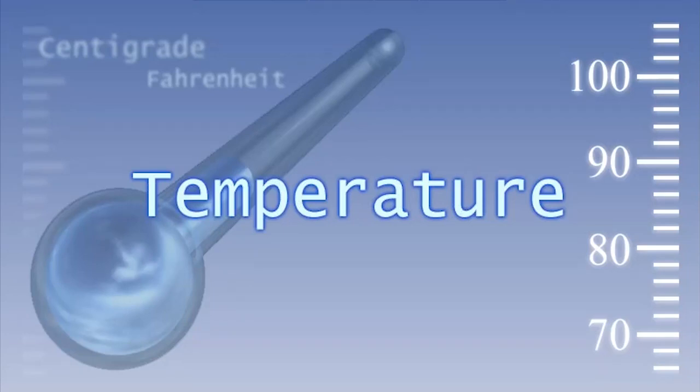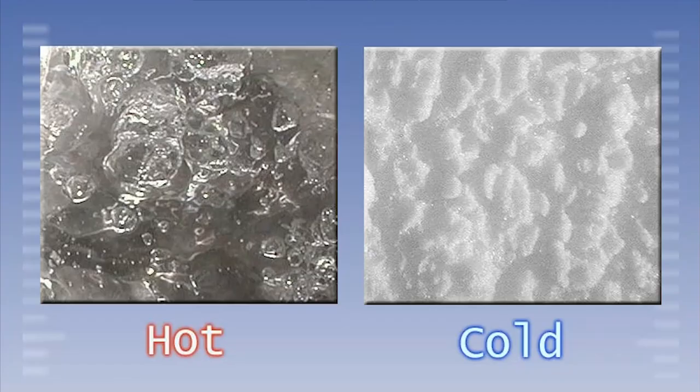Throughout this lesson, we are going to investigate temperature and demonstrate its importance to meteorology. Temperature is defined as a measure of how hot or cold a substance is. Temperature can be measured on a variety of scales using many different instruments.